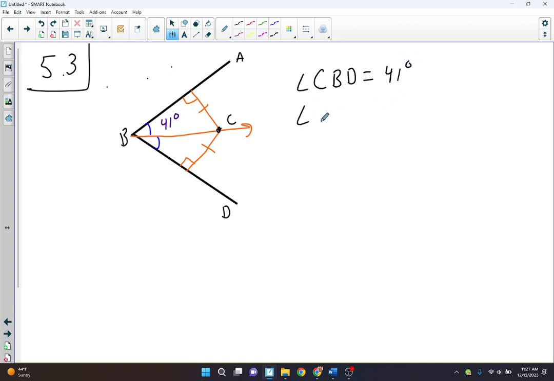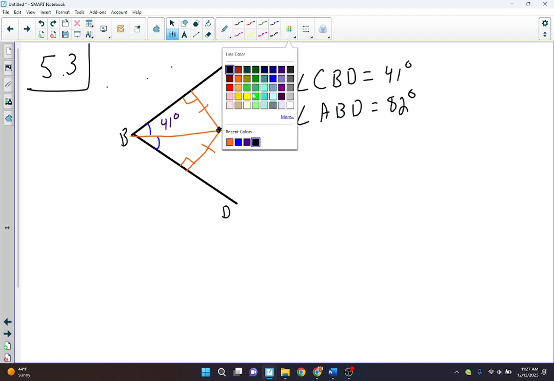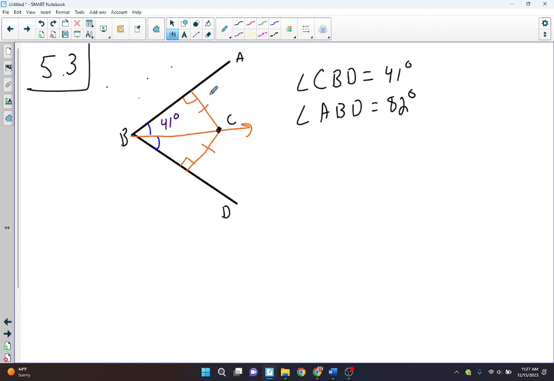But if I ask you for angle ABD, that would be 41 and then just double it, so 82. Just be careful and make sure you read the angle correctly. And then pretend if it was an equation, if this was 2x plus 1 and this was 3x minus 5, set them equal to each other and solve from there. x equals 6.